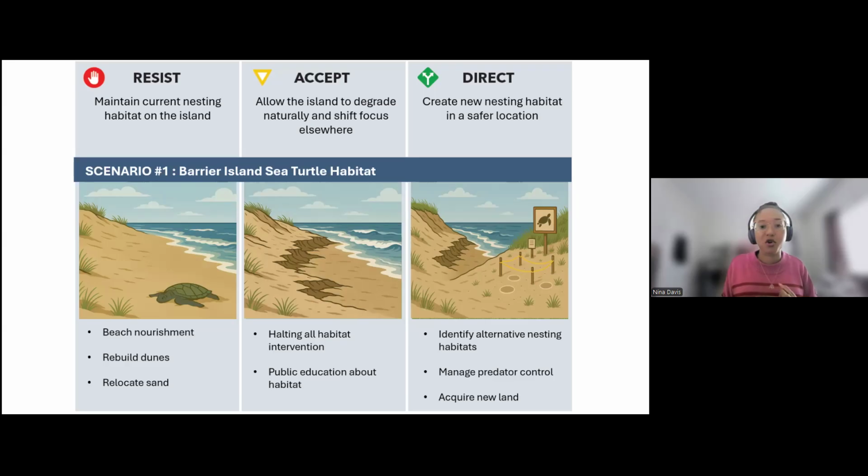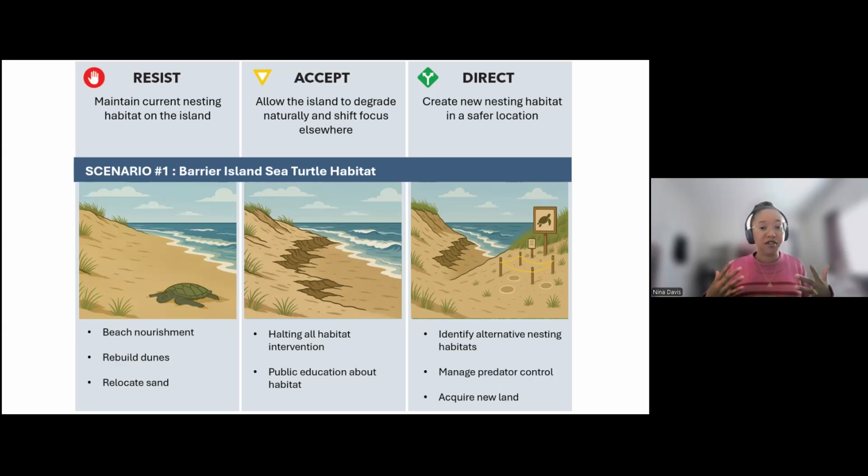For accepting, your goal was allowing the island to degrade naturally and shifting focus elsewhere. So your actions could include halting all habitat intervention or creating public education campaigns around habitat loss. And with public education specifically, I wanted to comment on something from our last RAD workshop: public education could potentially be applied to resisting, accepting, and directing strategies.